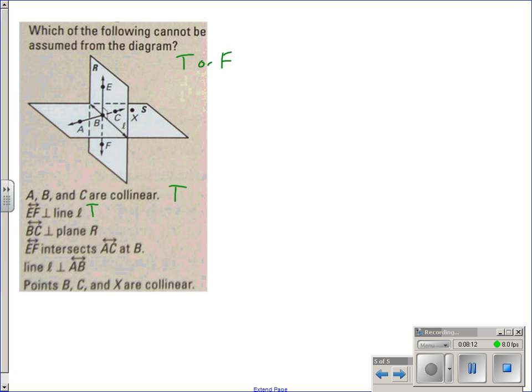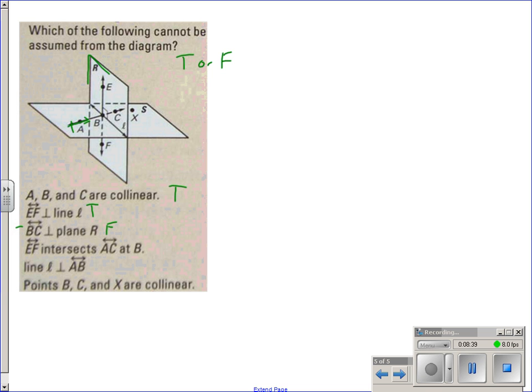For the third one, line BC is perpendicular to plane R. Okay, plane R is this vertical-ish kind of plane. Line BC is this line here. There is no perpendicular marker. We got the perpendicular marker on line EF and line L, but BC, there's no information there. We cannot assume that, so this would be false.